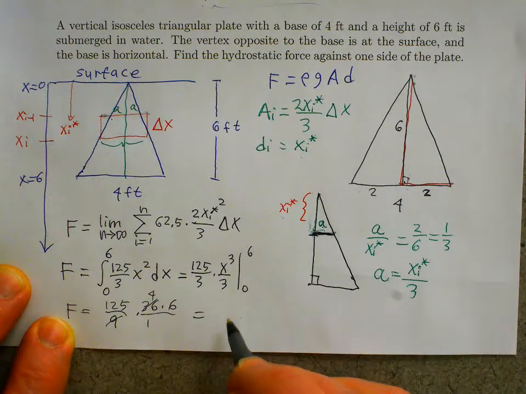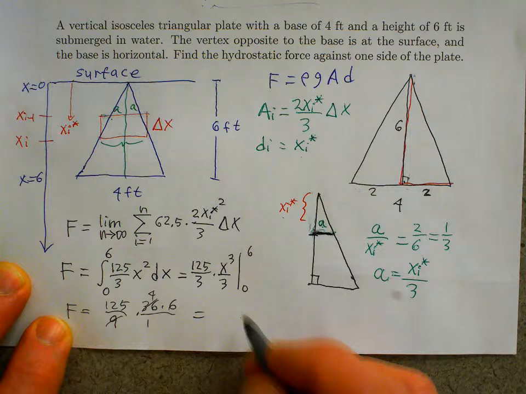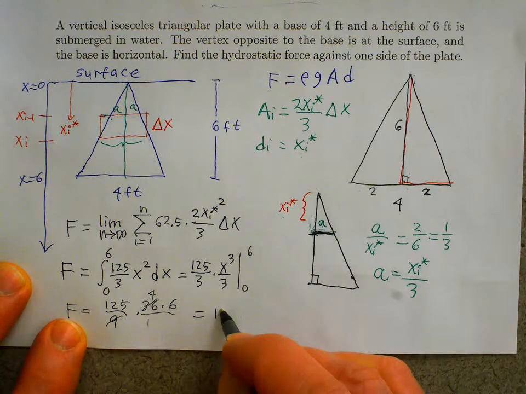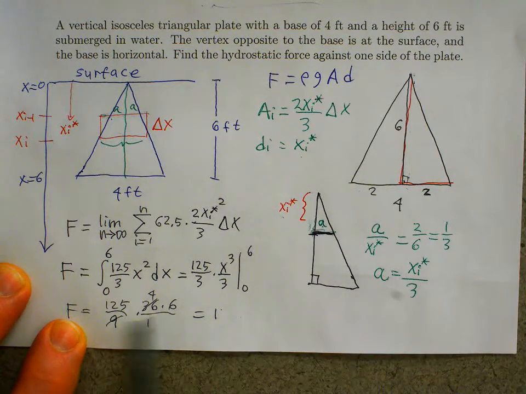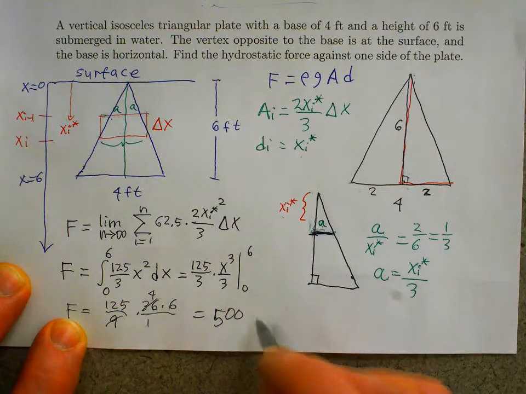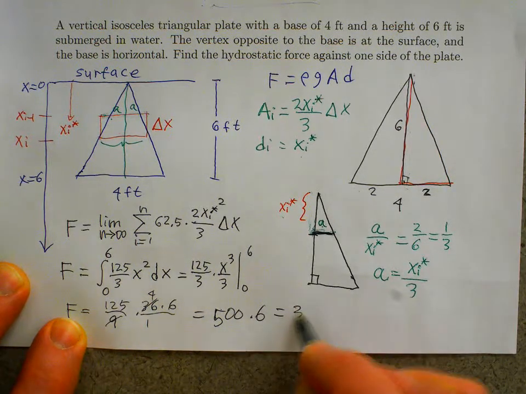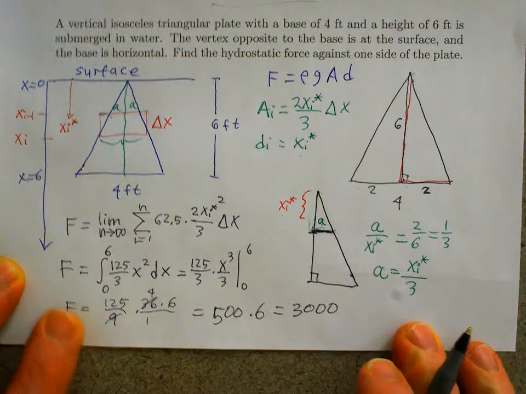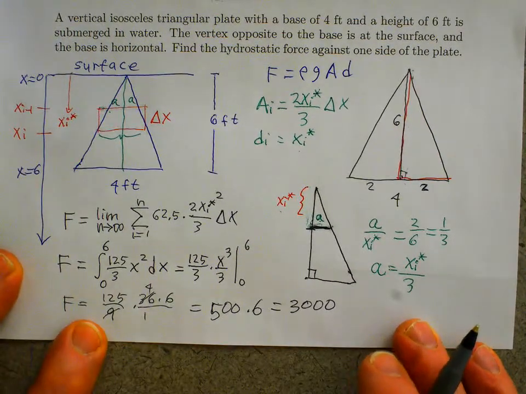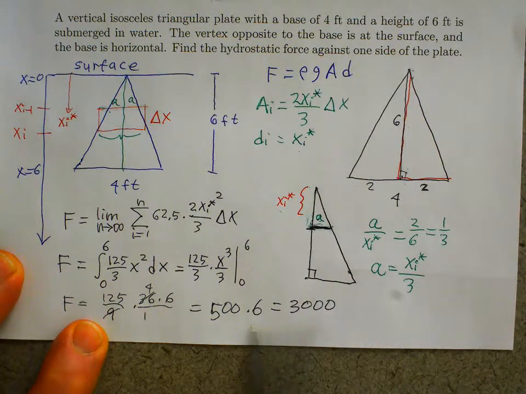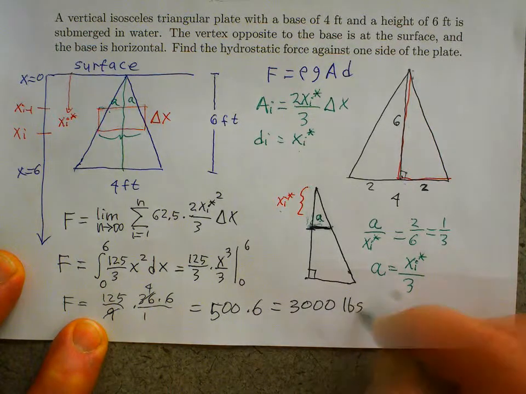And so we get 125 times 4 is 500, and then 500 times 6 is 3,000. And then in the US customary system, force is measured in pounds, so 3,000 pounds.